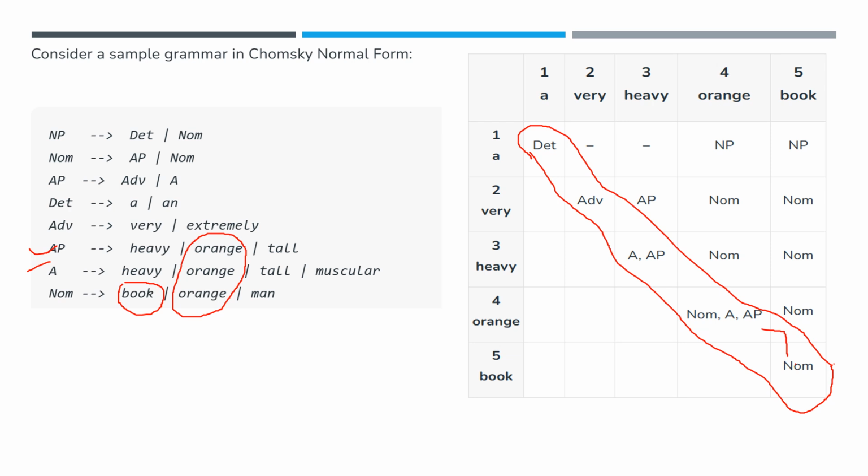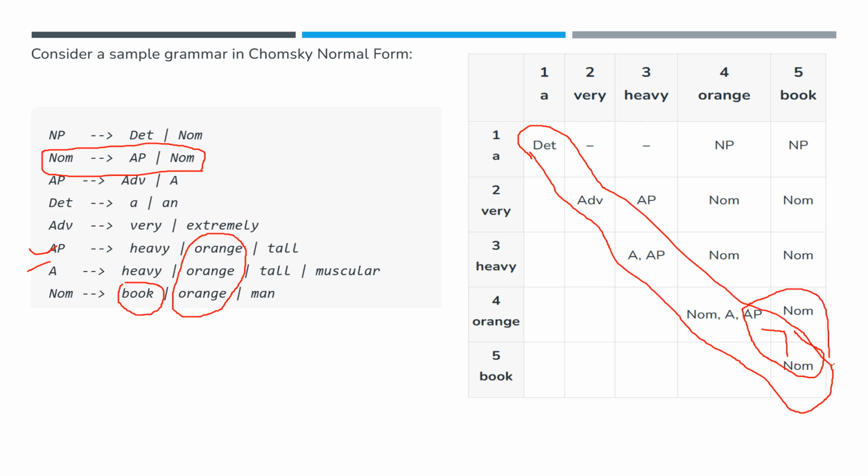Combining A and nominal, there's no rule. I have a rule for AP and nominal. Combining these two, AP and nominal, I can form a nominal. So I'll fill nominal here.